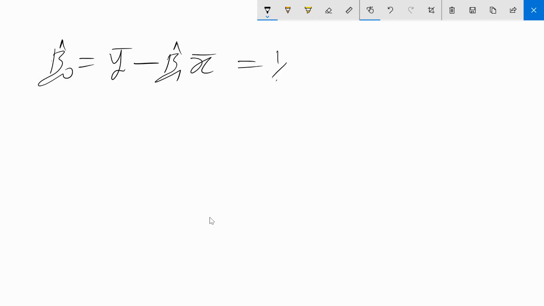And y bar is nothing but 1 over n summation of yi, and x bar is 1 over n summation of xi, so this can be written like this.